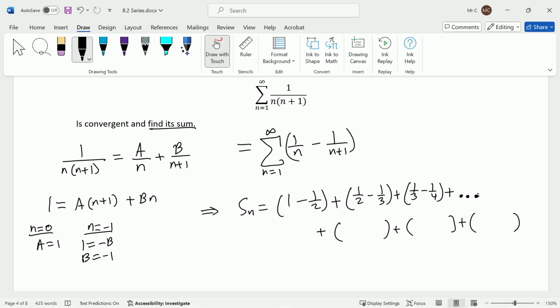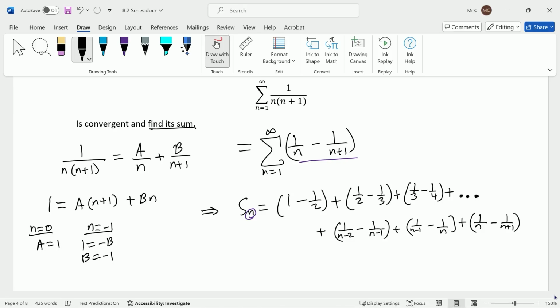When we write the terms at the end, start with your nth term, since I'm adding n terms together. So go to the end and write 1 over n minus 1 over n plus 1. And just like n was increasing by 1 from left to right, our n values decrease by 1 from right to left. So we go 1 over n minus 1, minus 1 over n, and 1 over n minus 2, minus 1 over n minus 1.